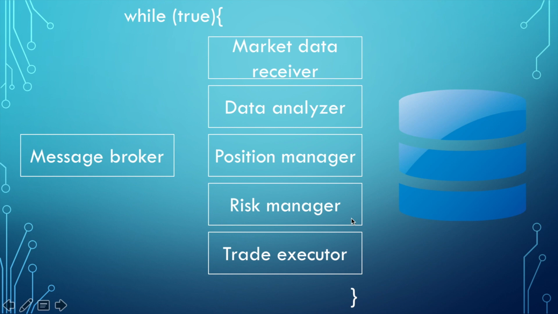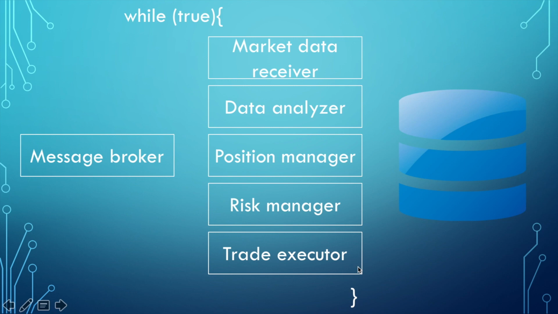Keeping in mind, of course, that we cannot risk more than 2% of our funds in any trade. And finally, when the position size, stop loss price and entry price are calculated, the trade executor sends a request to the exchange to place the order.